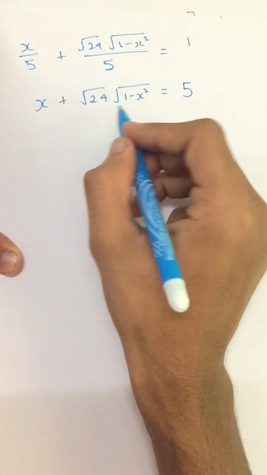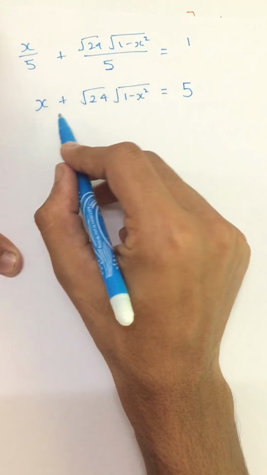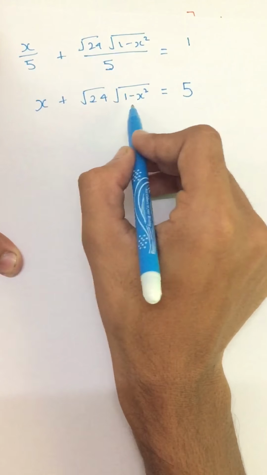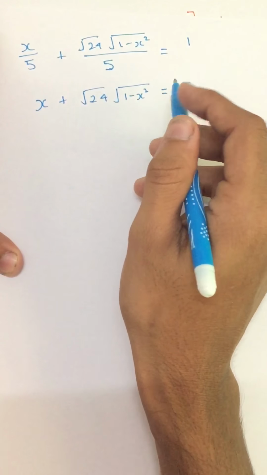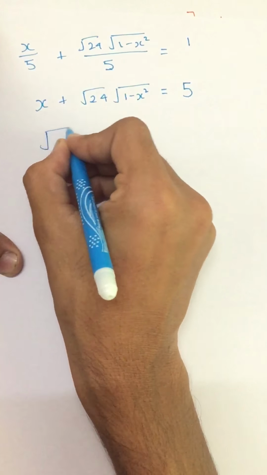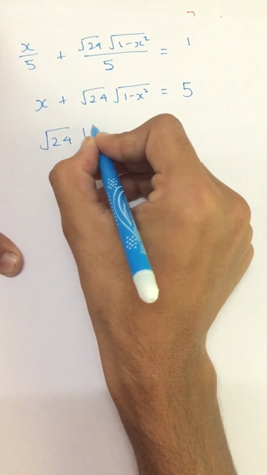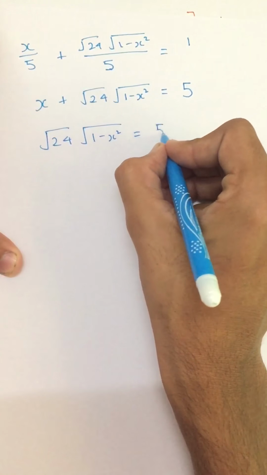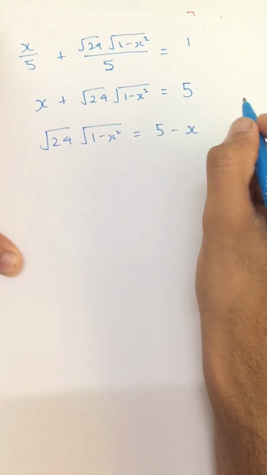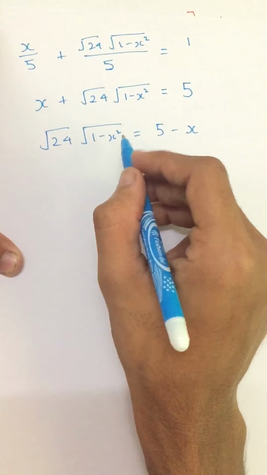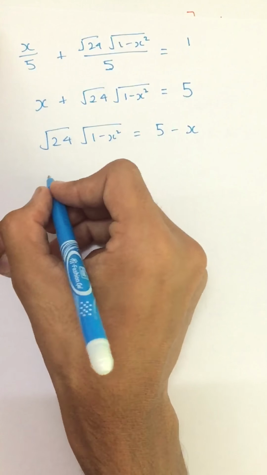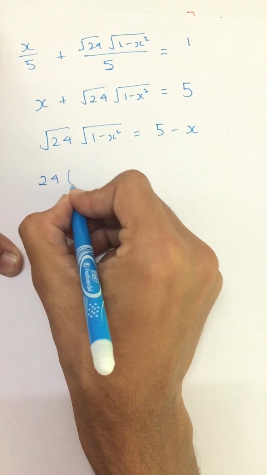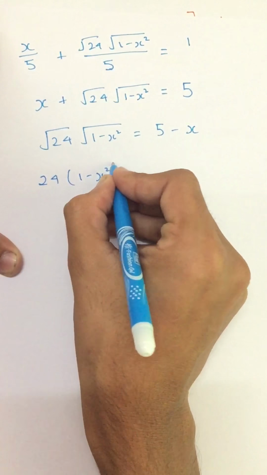Simple algebra. Now I can bring this x over here, as I have to remove the under root. I want to square the equation. So under root 24 into under root 1 minus x square equals to 5 minus x. Now I will square both the sides. So squaring this side will give me nothing but 24 into 1 minus x square.